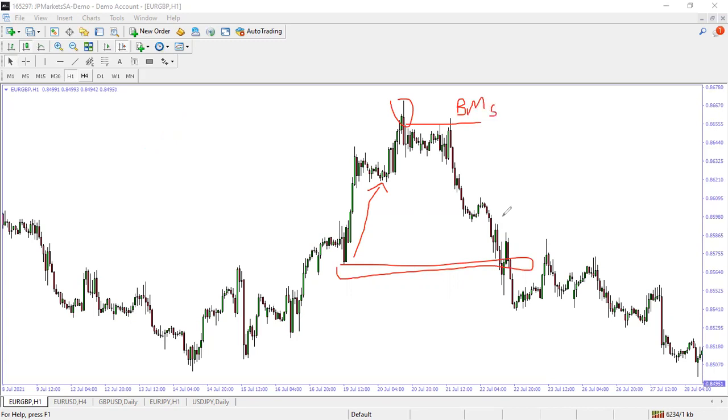And then it went where? It went down. So it was a nice sell trade for you to win. TP here, stop loss above BMS level. Then at the end of the day, you stop chasing the market, because if you chase the market, you want to win, you'll be left hanging up there.